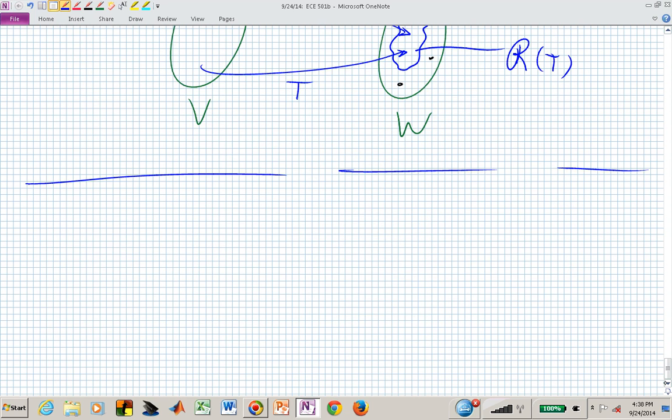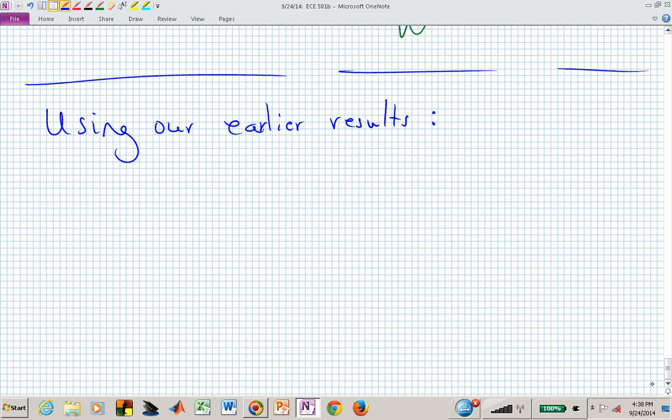What else can we say in terms of this relationship? We also have some earlier results about dimensions of maps when they're injective and surjective.